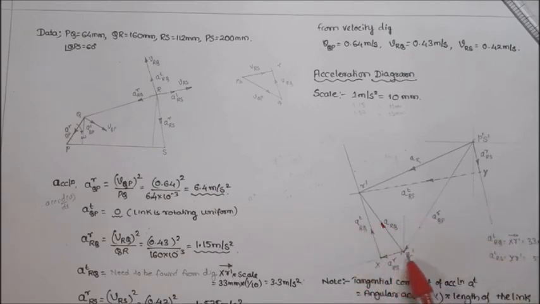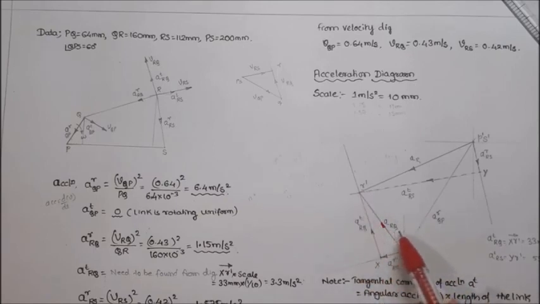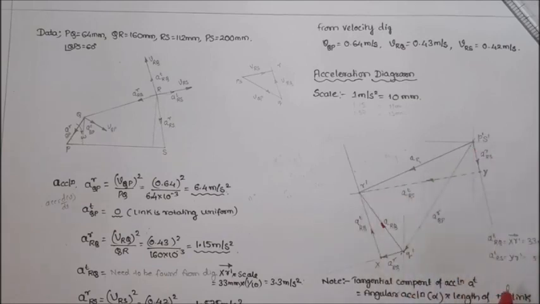Similarly, we got the X point and the R dash point, so you draw the resultant. These are the resultant accelerations of R with respect to Q and R with respect to S. But we require the angular acceleration.